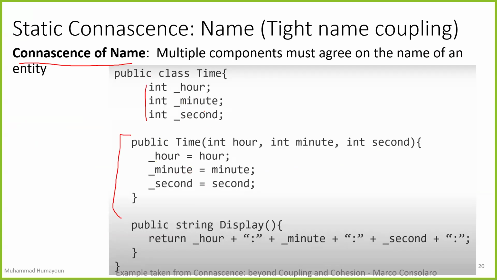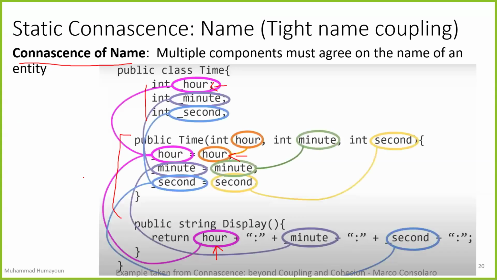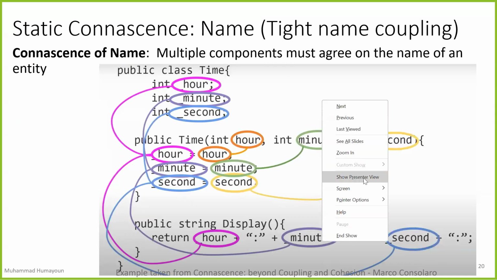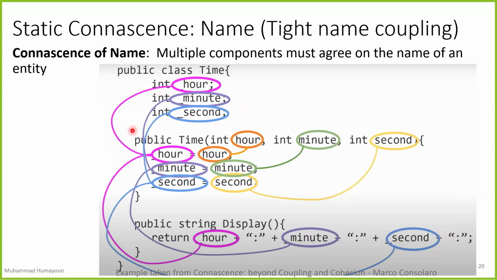If I go here and change something, I need to make a change here, and I need to make a change here, just to make it consistent. So we can see that these are our dependencies within the code. If we make a change, these are the dependencies as shown in this slide. You have to just remember that.